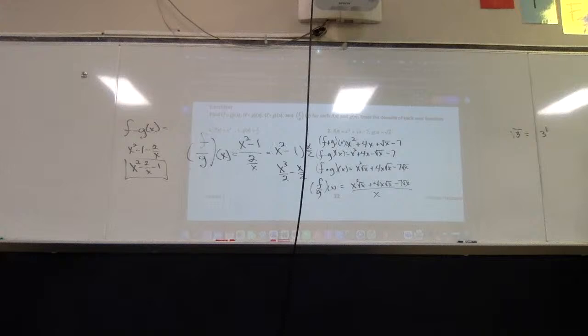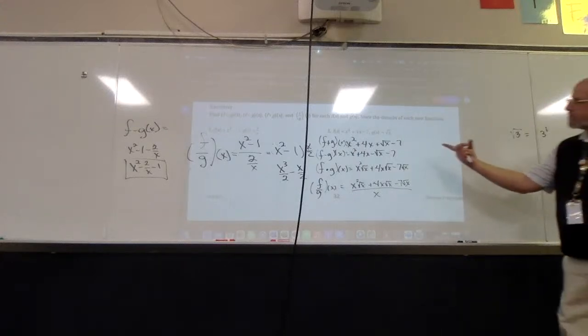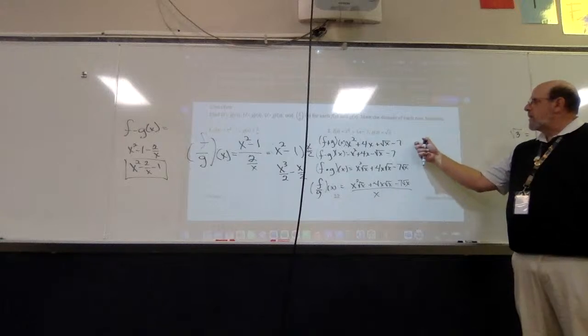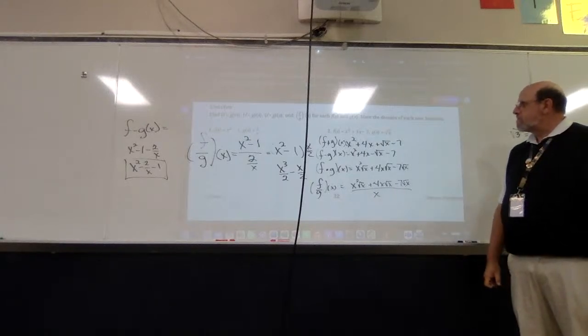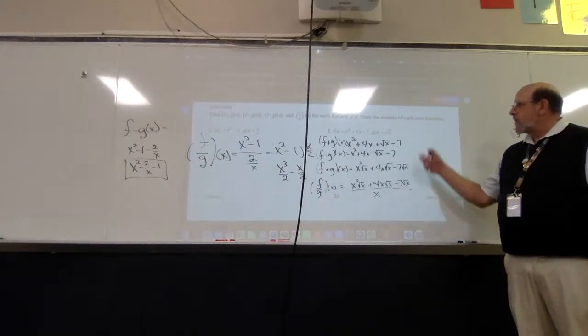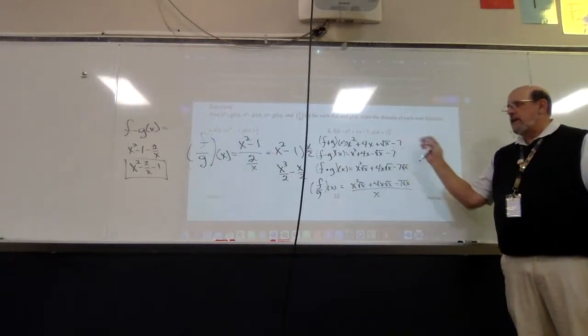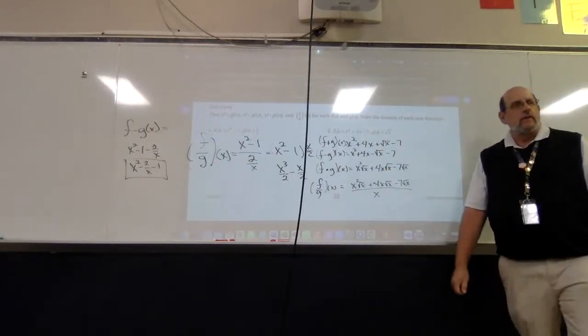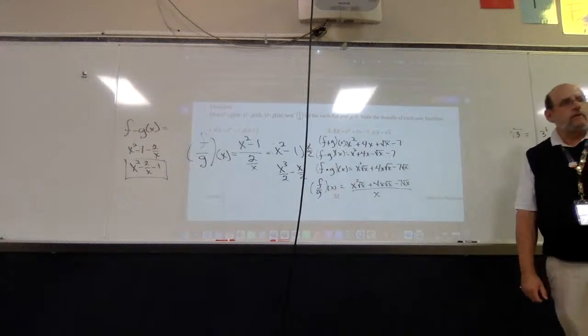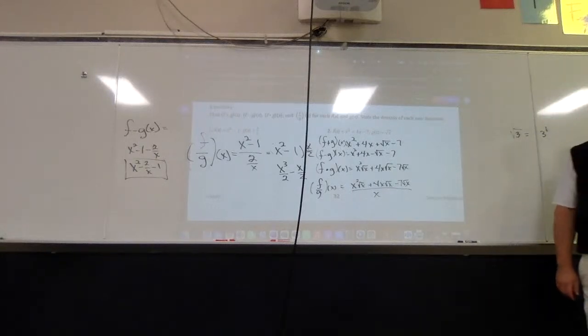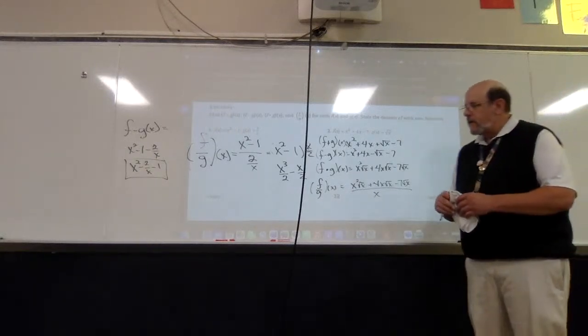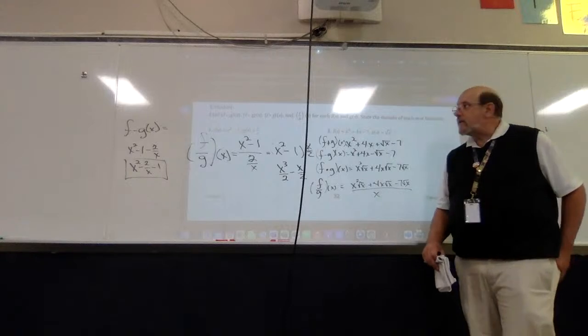These are tough domains. So we're gonna stay positive. Can't really have negative x's because of our square roots. Not yet.